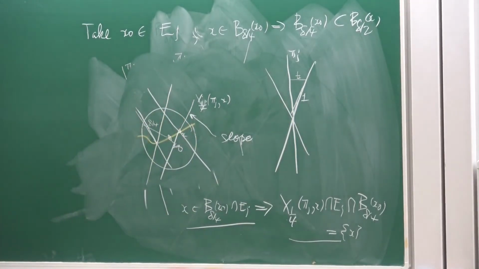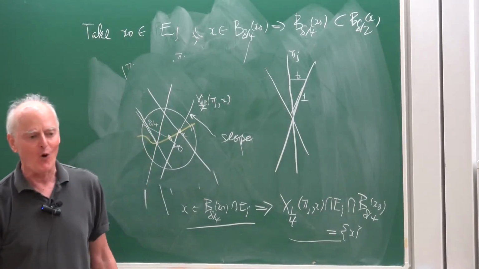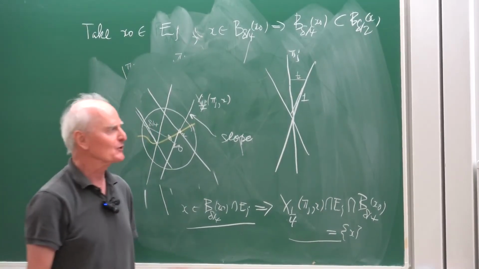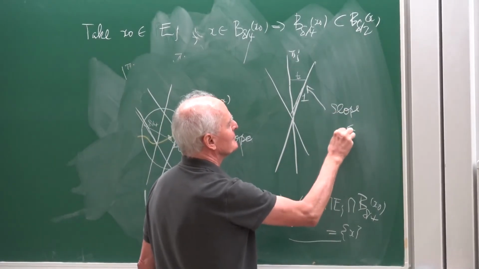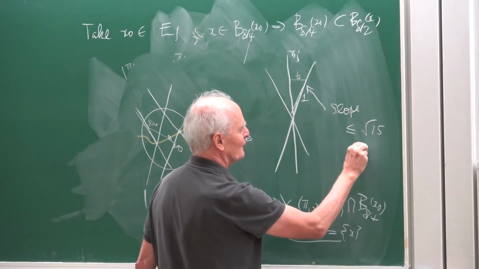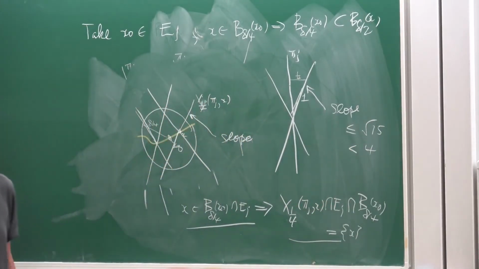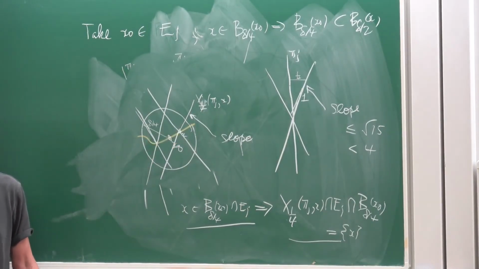What's the slope? Pythagoras' theorem, right? This is square root of 15 over 4. So the slope is less than or equal to the square root of 15, which is less than 4. So the slope of those cones is less than 4, and this part of the set has got a uniform cone property relative to that.